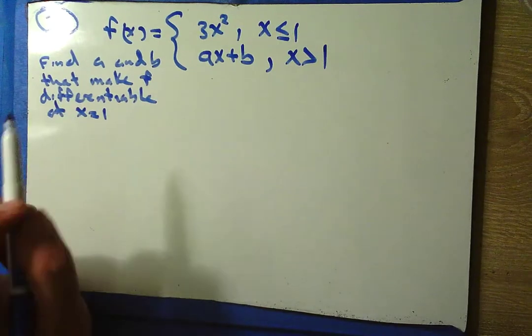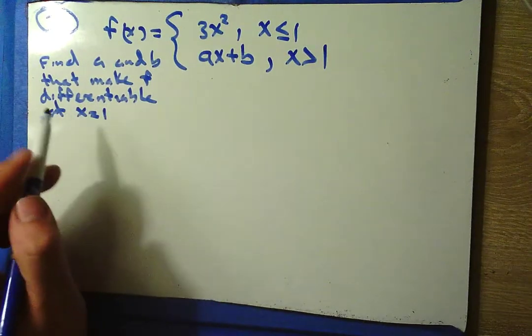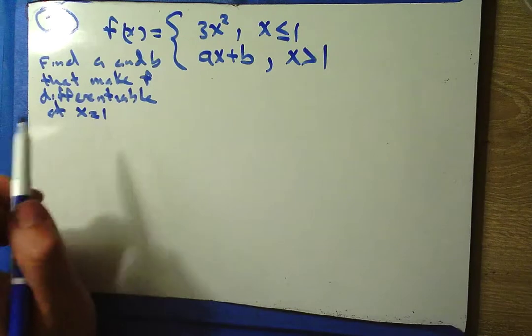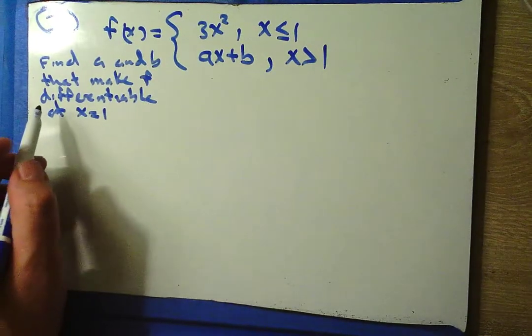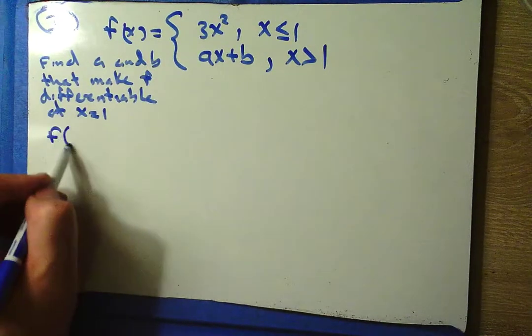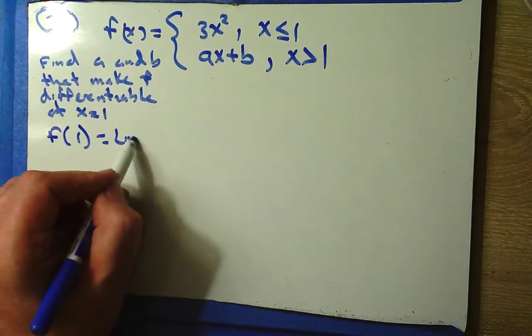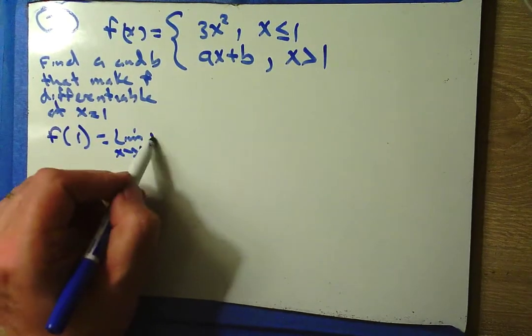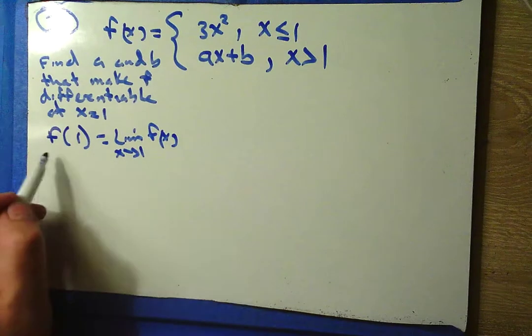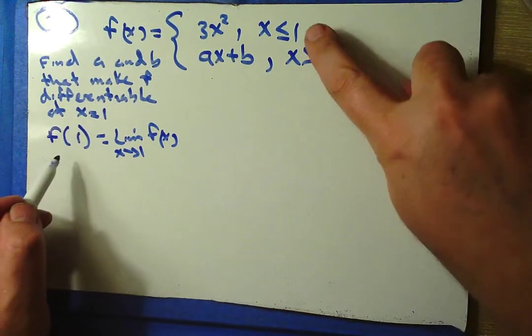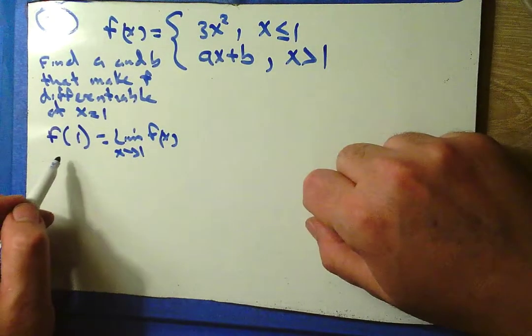Delaney would say that in order to be differentiable at x equal to 1, we need to show 2 things. The first thing we need to show is that f of 1 equals the limit as x approaches 1 of f of x. We need to show continuity. So let's plug a 1 into each of these pieces and see what we get.